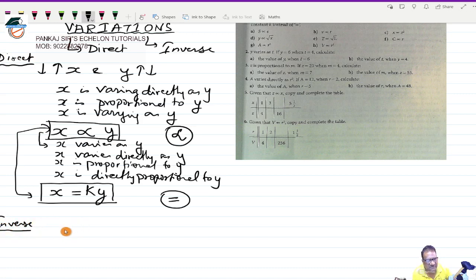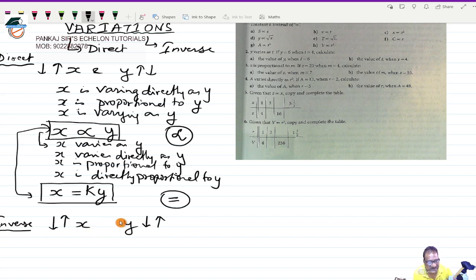In inverse variation, again there are two quantities x and y. But here, when one quantity is increasing, the other is decreasing, or when one quantity is decreasing, the other is increasing. So they are going in the opposite sense.